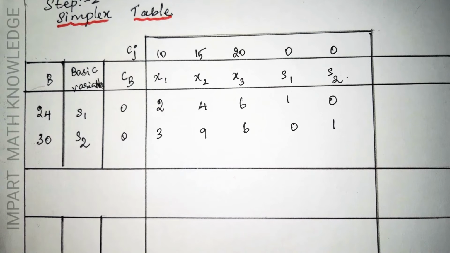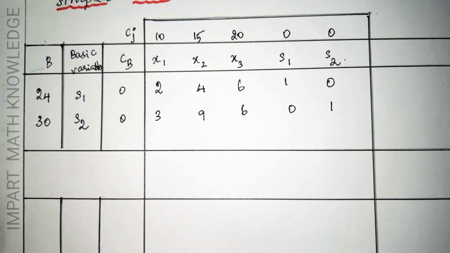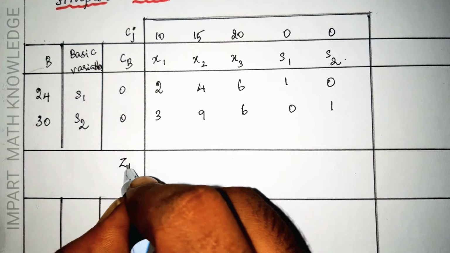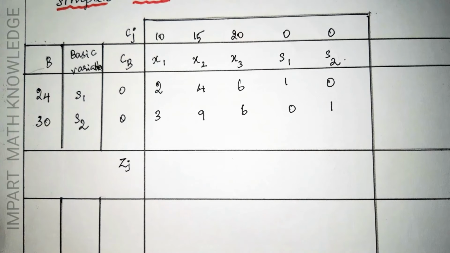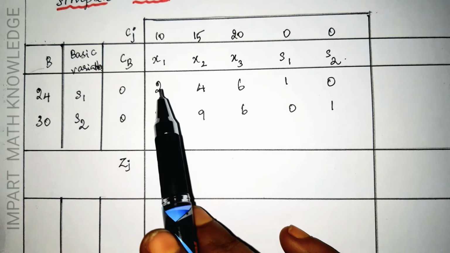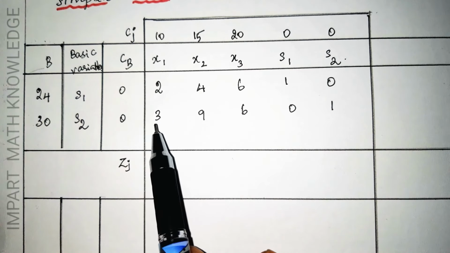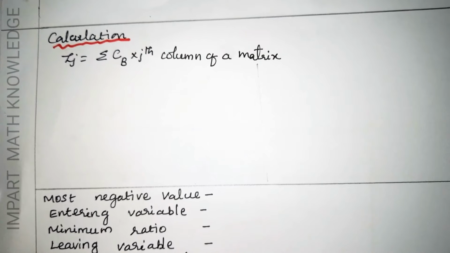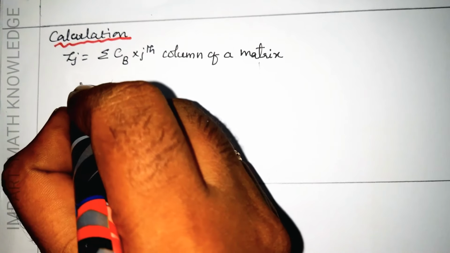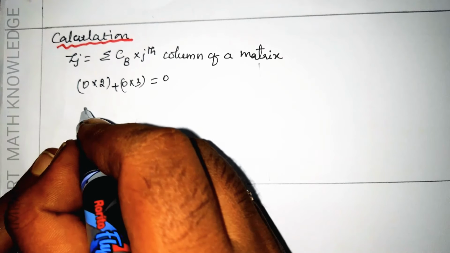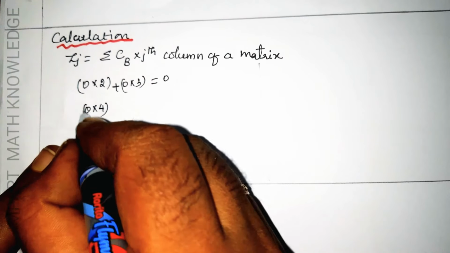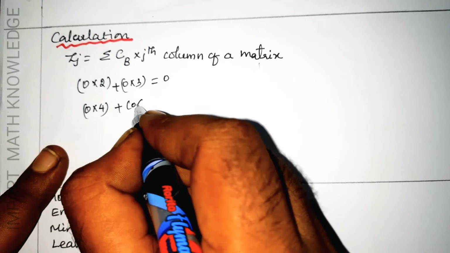After writing all these values, you have to find Zj. Zj is nothing but CB into jth column of that matrix, that is 0 into 2 plus 0 into 3. So the value is 0. For the second column, 0 into 4 plus 0 into 9.